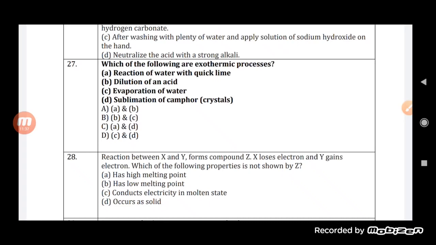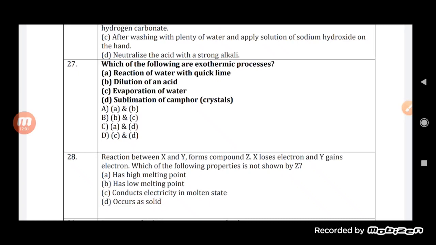The second one is dilution of an acid. For making a dilute acid, we add the acid into the water, and this releases a good amount of heat energy. So this is also an exothermic process.